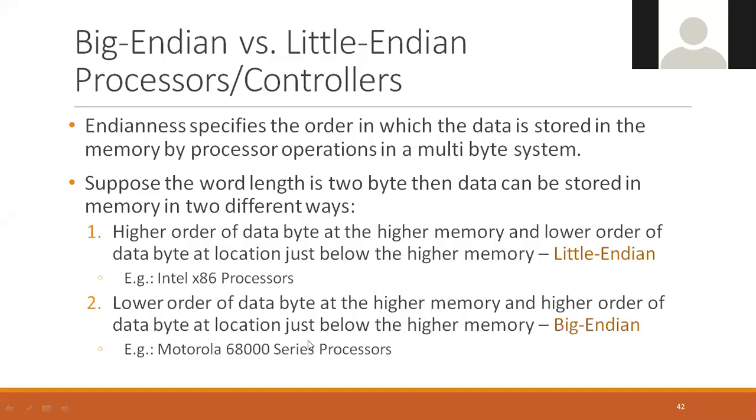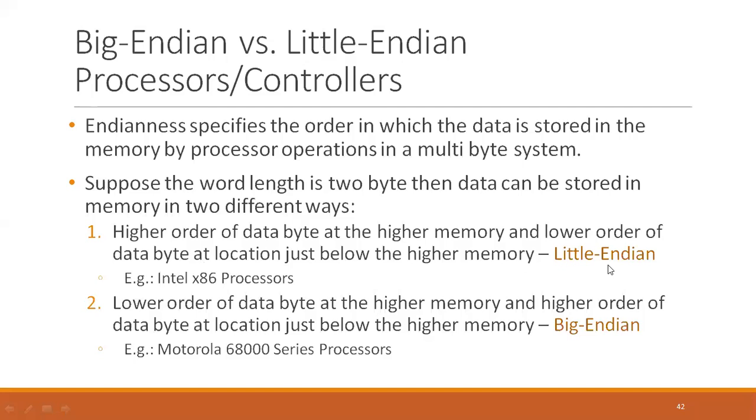Whereas in big endian, the lower order byte is stored in the higher memory, and the higher order byte in the lower memory. So just try to understand: the higher order data byte at the higher memory, and the lower order data byte at a location just below the higher memory.